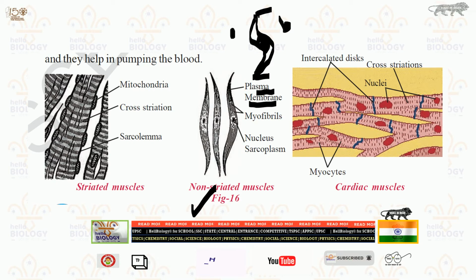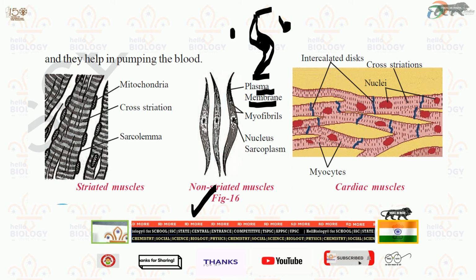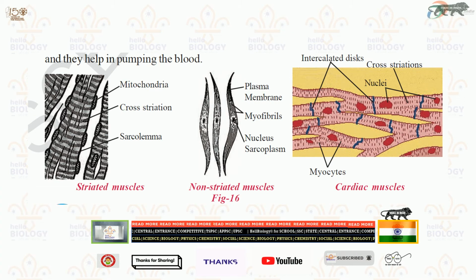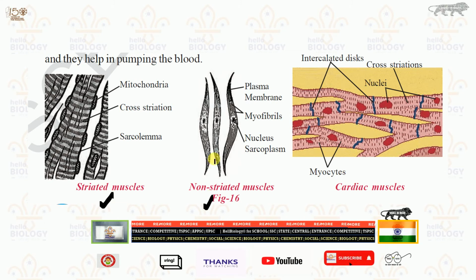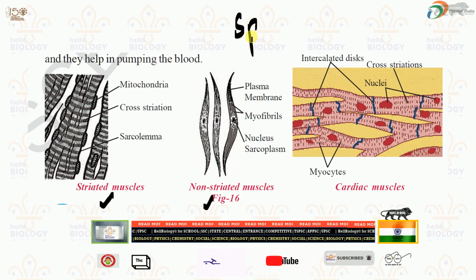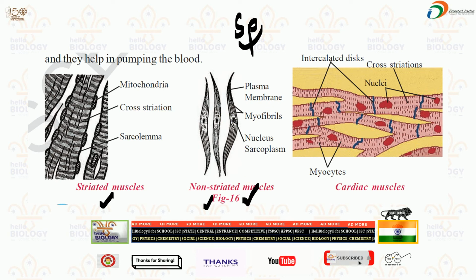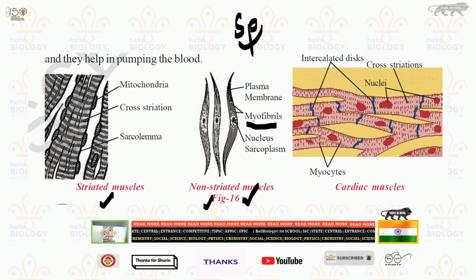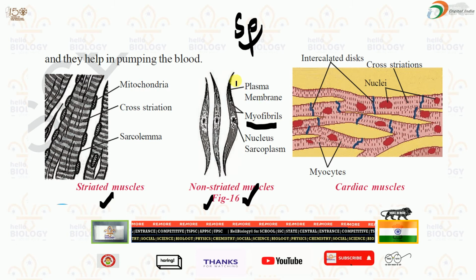One time in the ninth class exam paper it was asked which type of muscular tissue is blunt or spindle shaped. That is non-striated muscular tissue. In non-striated muscular tissue, myofibrils are important, and you need to remember this.